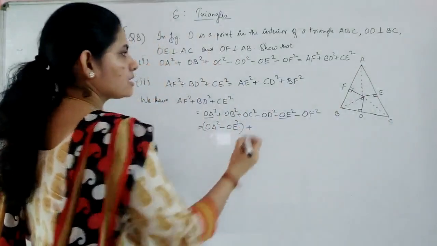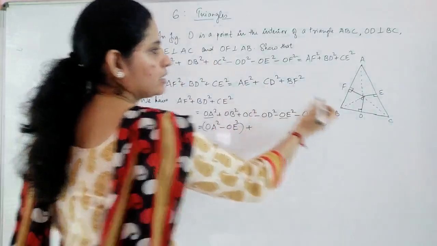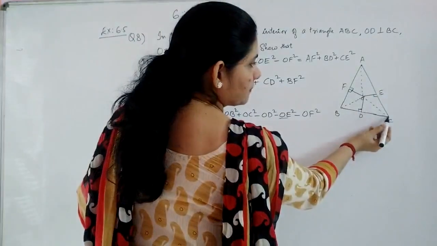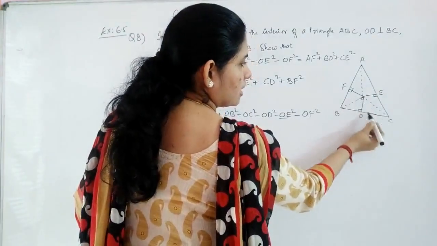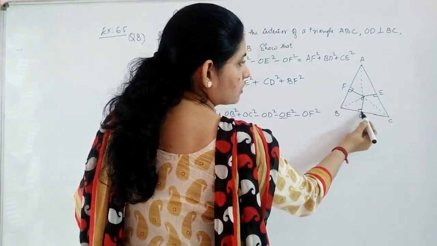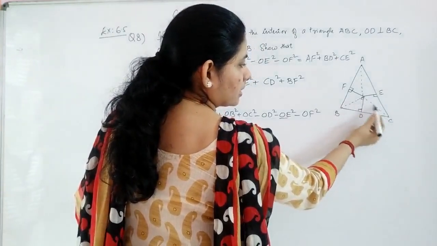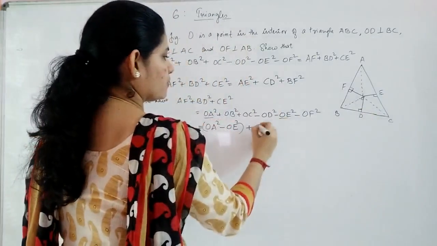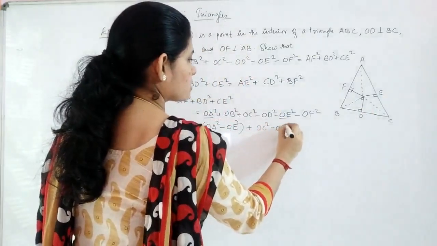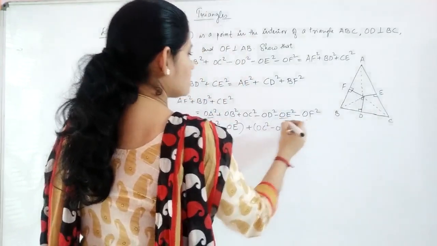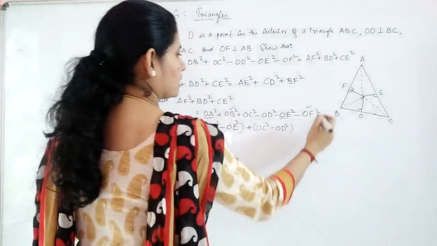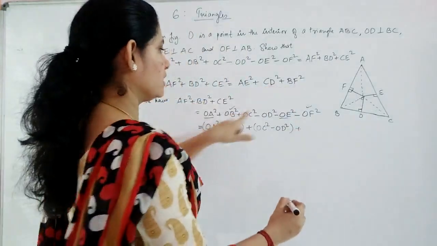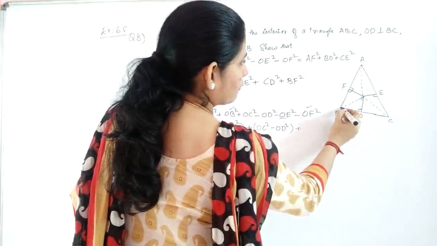Next we will collect. You have to get CD square. So CD square means it is here, so you are considering this triangle. CD square will give you the hypotenuse square, that is OC square minus OD square. In order to get BF square, you are considering BF is here.